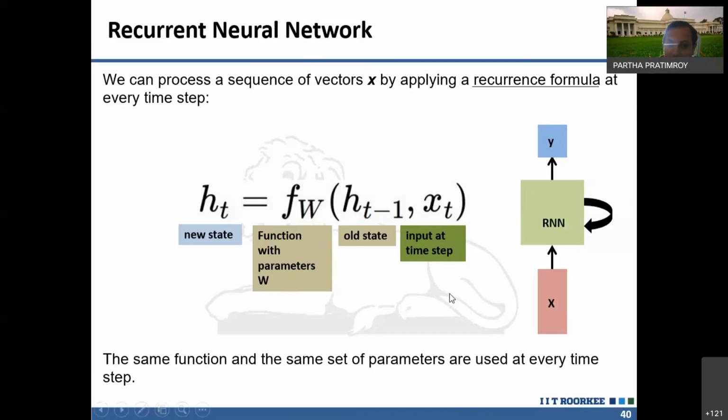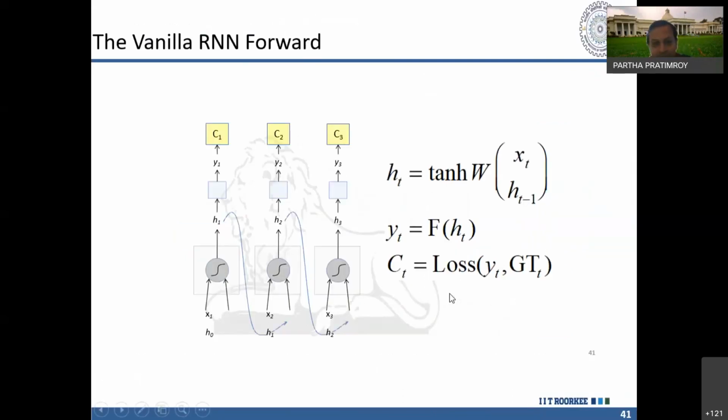How are we going to do it? If you see this example, you have this neuron. Initially you have this x1, and the other set, h0, was 0. Let us consider only a single feature x1. If you consider 5 features, then you will have x1, x2, x3, x4, x5 everywhere.